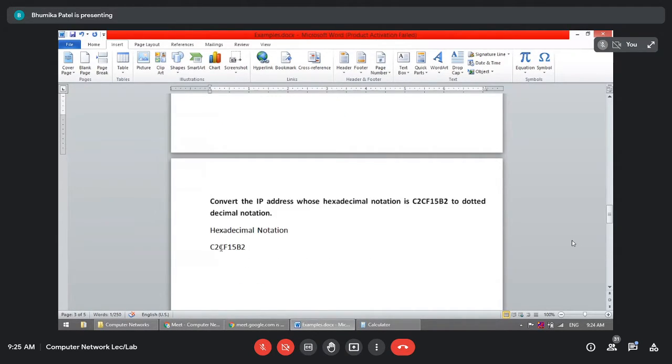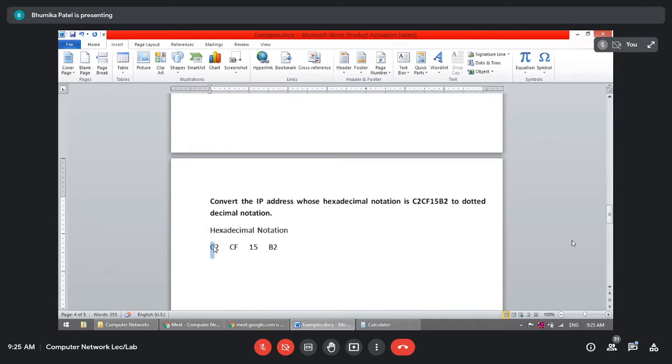So it is C2, 2F, 15 and B2. Now just convert this hexadecimal into decimal, or you can convert it first into binary and then decimal.